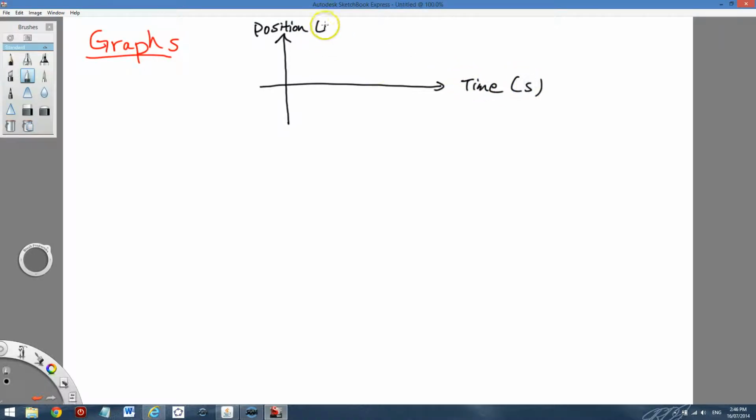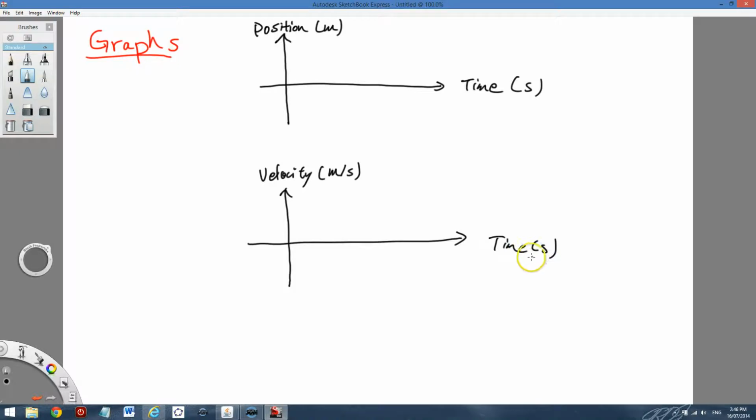Normally, the position will be measured in meters, the time will be measured in seconds. Now, the second type of graph, a more common type, is the velocity time graph. Velocity in meters per second and the time in seconds.